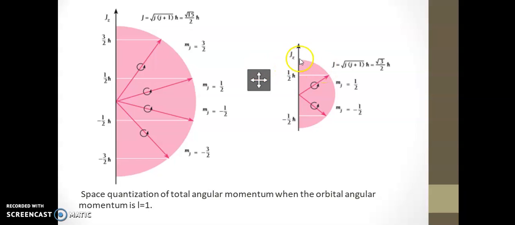Here we draw a sphere with radius root of j into j plus 1 times h bar, that is root 3/2 times h bar. So for l equal to 1 and s equal to half, j has 2 possible values: when j is 3/2 there are 4 different orientations, and when j is 1/2 there are 2 different orientations possible. This is the space quantization of total angular momentum. So we can study it analogously to orbital angular momentum and spin angular momentum.